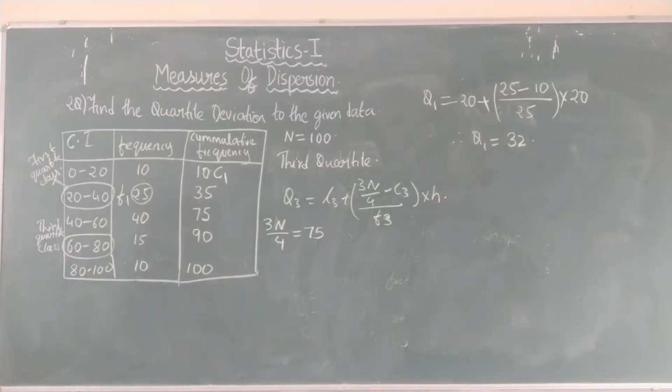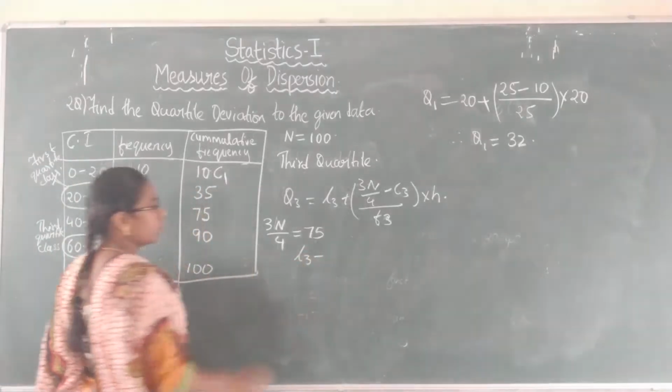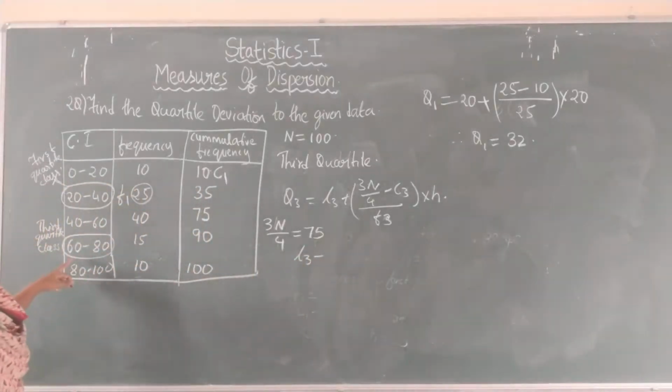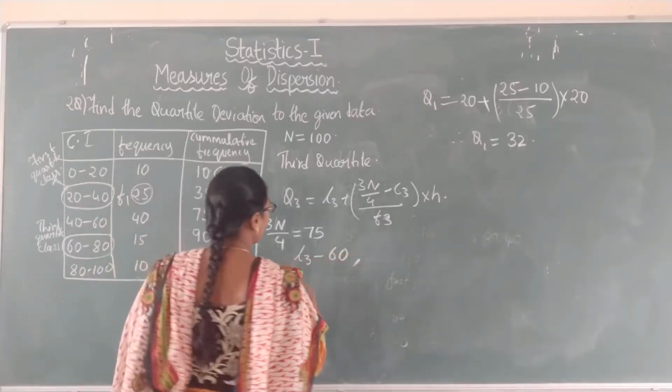Now write down the different values whatever we need. First L3. The third quartile class is 60 to 80. So what is the lower limit of this class? The lower limit is 60. So L3 equals 60.